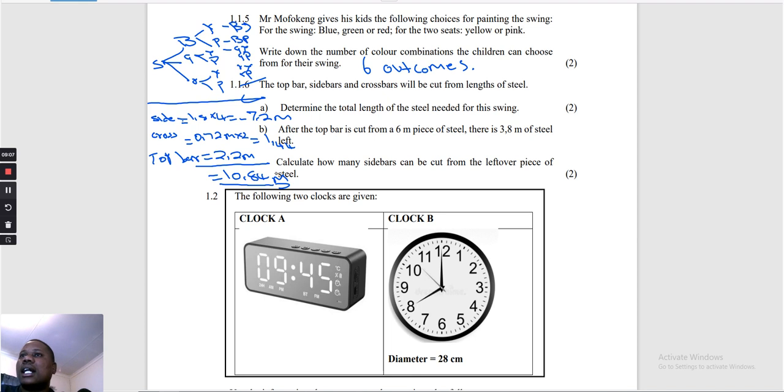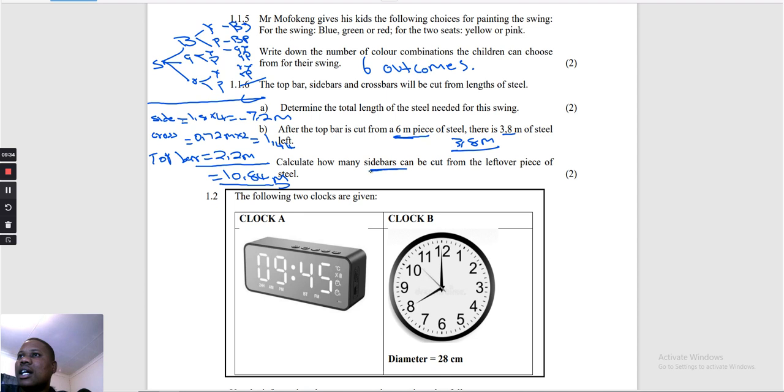Now let's come to the next one. They say after the top bar is cut from 6-meter piece of steel, there is 3,8 of steel left. Calculate how many sidebars can be cut from the leftover piece of the steel. Remember, we are left with 3,8 meters. And how much is the length of one sidebar?